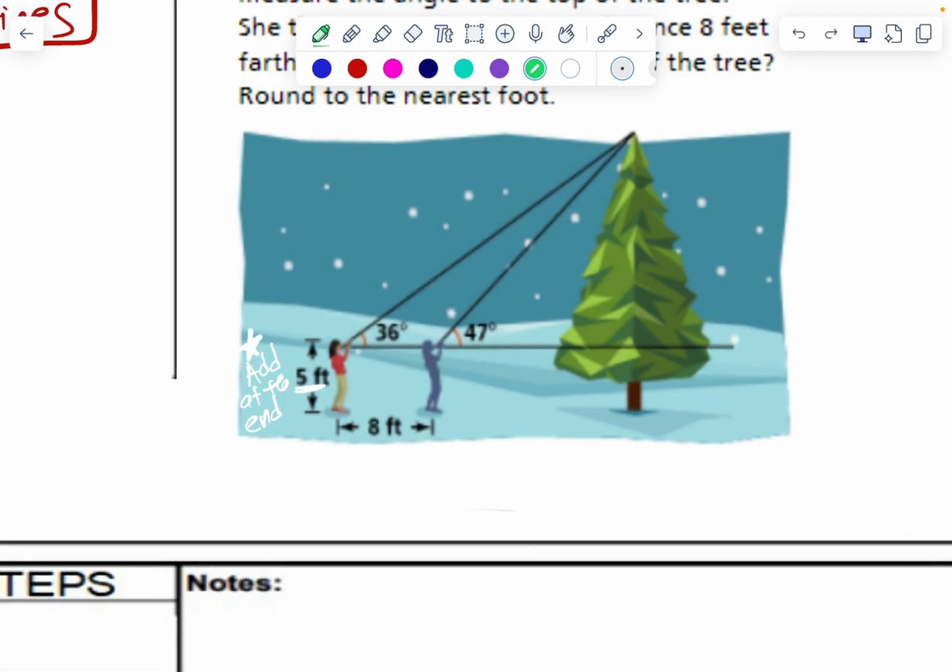So we've measured our 2 angles and the distance between. And this is law of sines because I know that this length is 8 feet. And I can get this angle up here, let's call it theta, without actually doing any trig. Anybody know how?